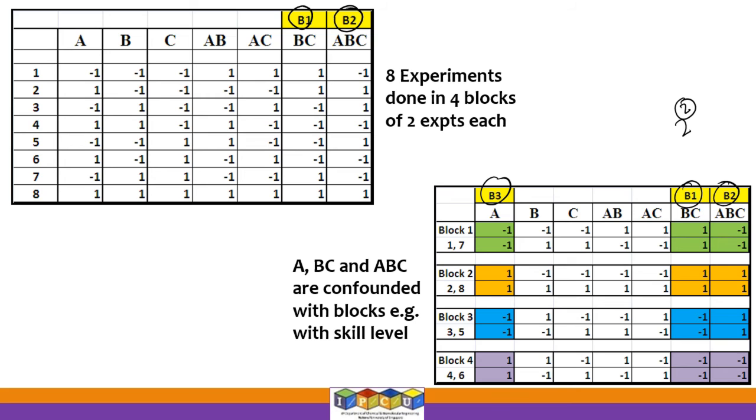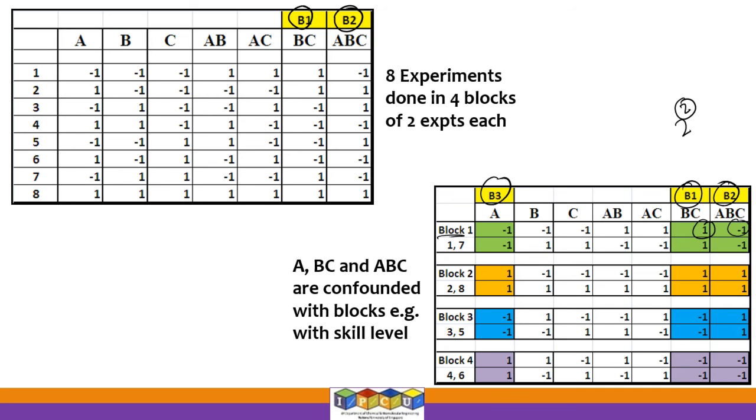So if you look at these things, you will see that if ABC is equal to -1 and BC is equal to +1, you are assigned block 1, and that corresponds to experiments 1 and 7 in our list.